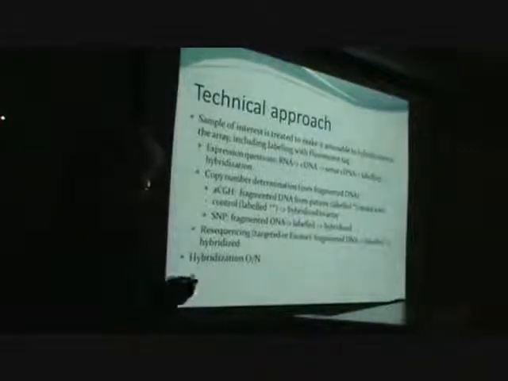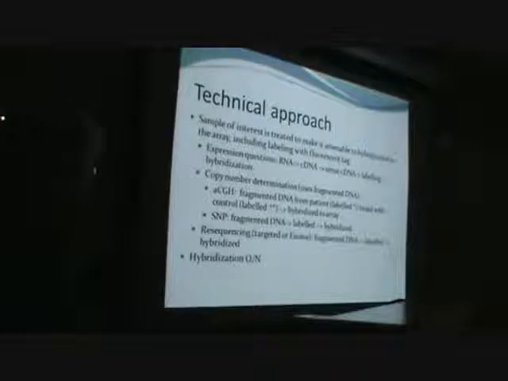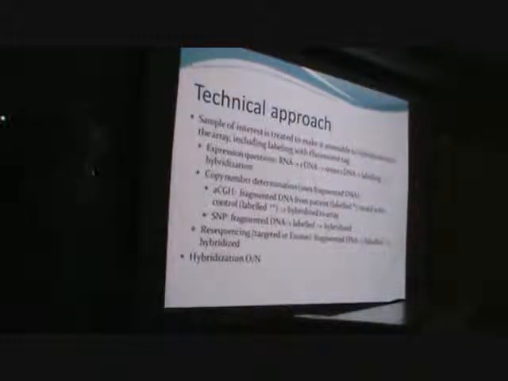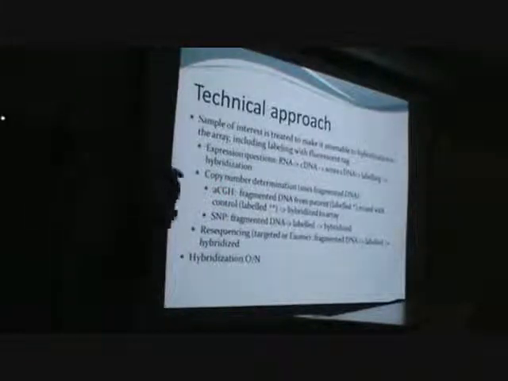So the sample, I'm going to go a little faster here. I've already taken more time than I was supposed to. Sorry, Karen. The samples of interest are treated to make them amenable to hybridization. For expression arrays, you have to convert the RNA to cDNA, then make a sense cDNA, then label and hybridize. For the rest of the molecules, like in DNA analysis, you are going to be fragmenting, labeling, and hybridizing. For array comparative genomic hybridization, you have two different samples coming through.